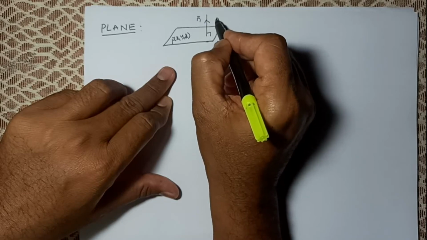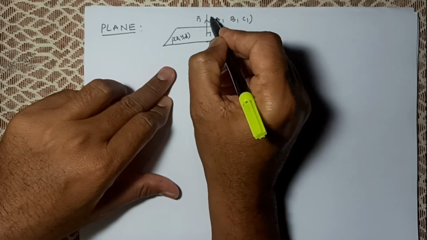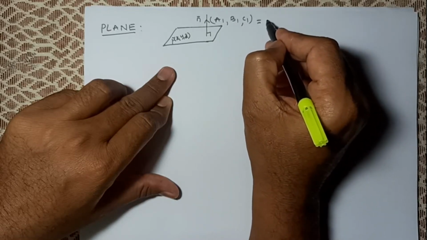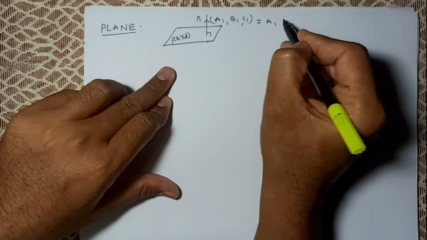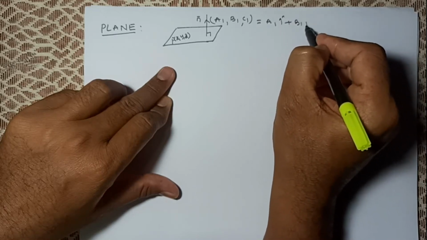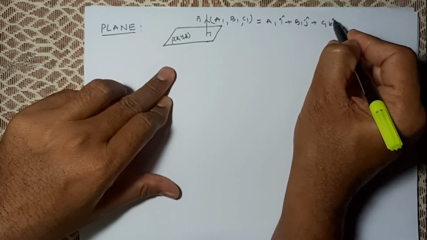Normal DRs will be, let it be A1, B1, C1. So this normal, if you want to write in vector form, is A1 i cap plus B1 j cap plus C1 k cap.